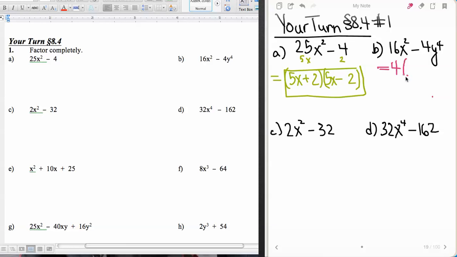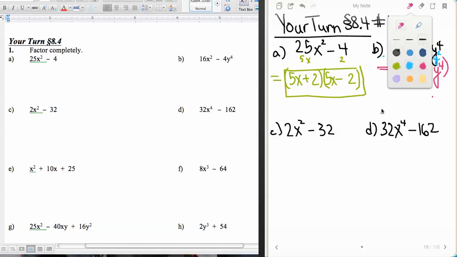So I'll take that GCF out, and that's going to leave me with 4x squared minus y to the 4th. And then I'm going to look at it, and I'm going to see that it's a binomial and it's a difference, and those are still 2 perfect squares. So I have a 2x there for a square root and a y squared there for a root.